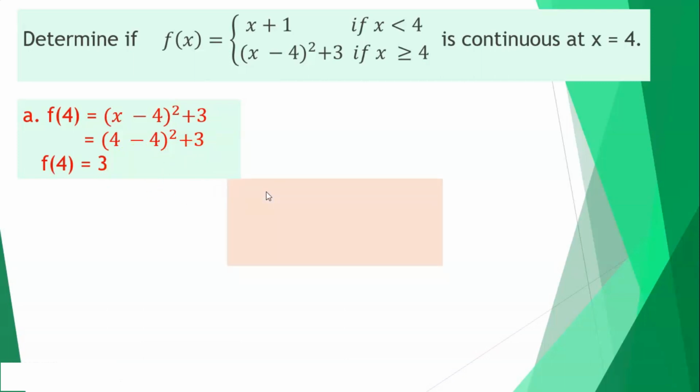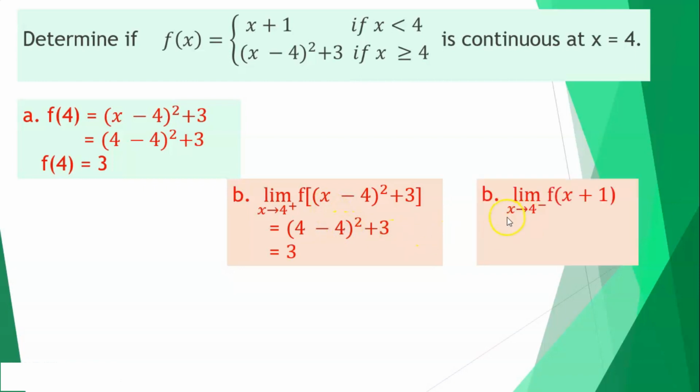Okay, another. Find the limits. The limit of the function as x approaches 4 from the right. We will make use of the second function from the right. Substituting, we will end up with 3. Another. The limit of the function as x approaches 4 from the left. From the left, since it's less than 4, we will make use of the first function.